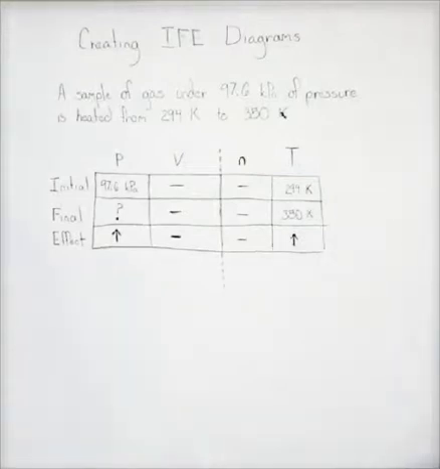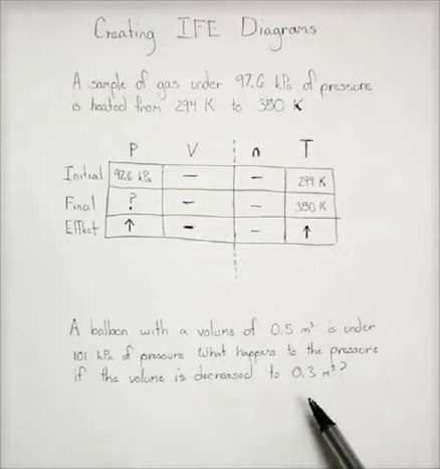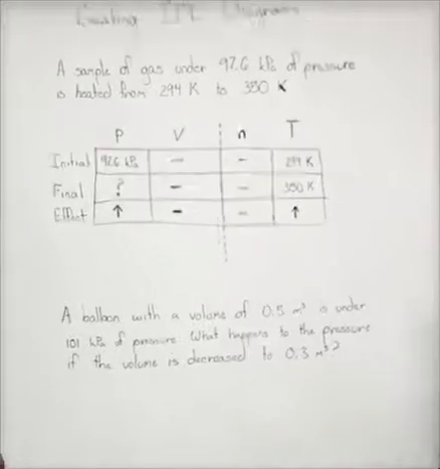Let's look at another problem. Now, let's look at the second problem. A balloon with a volume of 0.5 cubic meters is under 101 kilopascals of pressure. What happens to the pressure if the volume is decreased to 0.3 cubic meters?